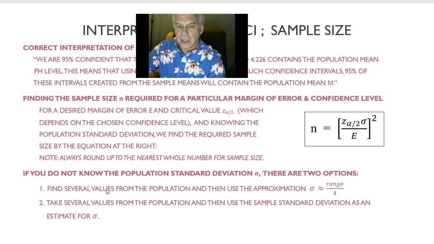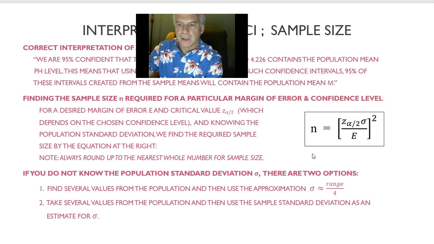You either find several values from the population and then use an approximation that sigma is approximately the range divided by 4. And so that's one way to do it. The other way is to take several values from the population and just calculate the sample standard deviation and use that instead of the population standard deviation, and then just fill it into the formula.